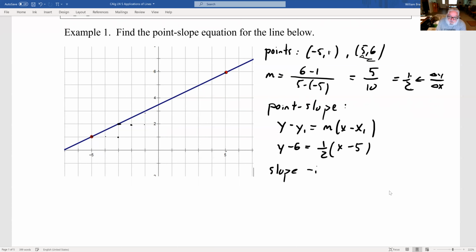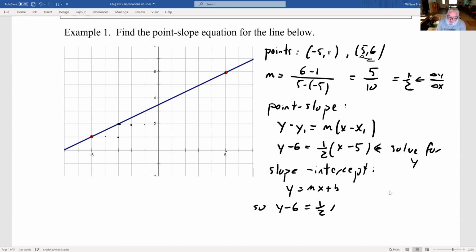Slope intercept form is y equals mx plus b. How do I get this? Well, I take this formula and I solve it for y. So y minus 6 equals 1/2 x minus 5 over 2, just distributing that 1/2 here and here.